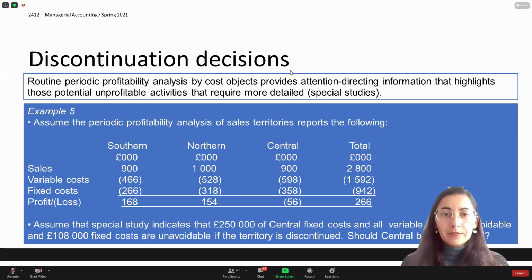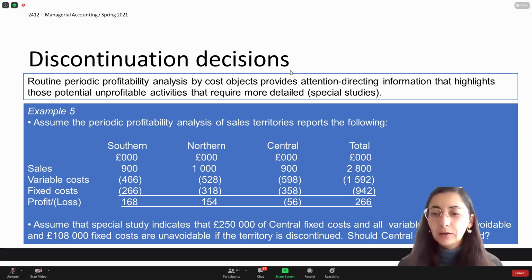I would say that as long as the loss is smaller than the avoidable fixed costs, they should continue with Central. Okay, anyone else? Frederick on the chat is saying the same thing that Gonçalo just mentioned: the loss that we have is smaller than the fixed costs that are unavoidable.